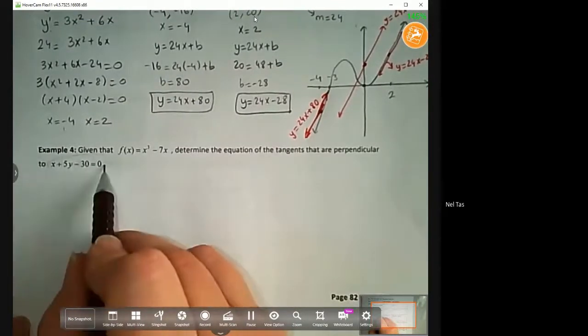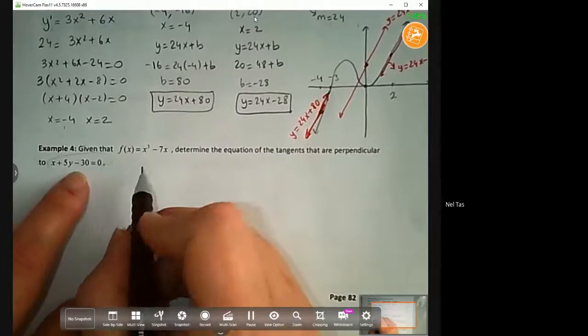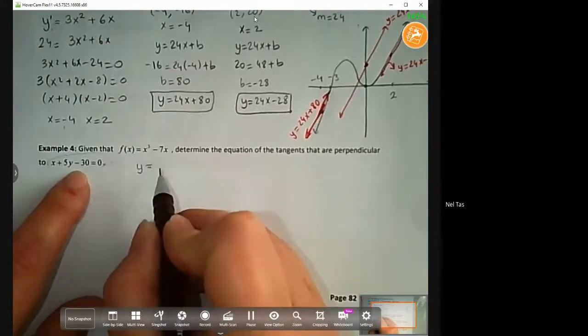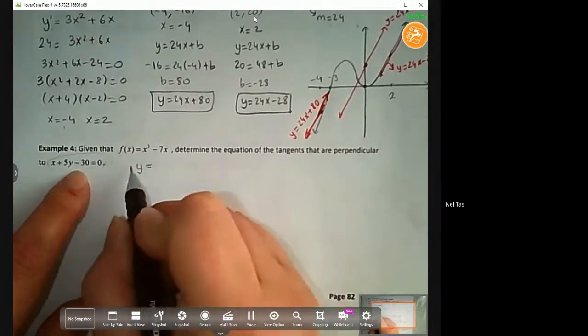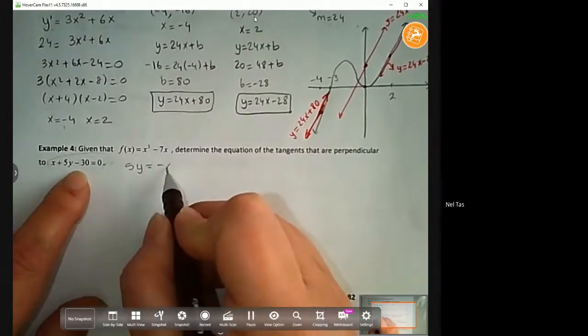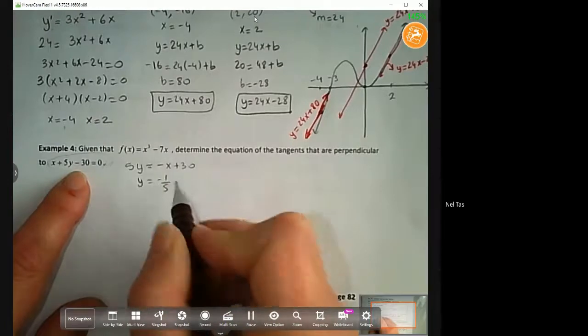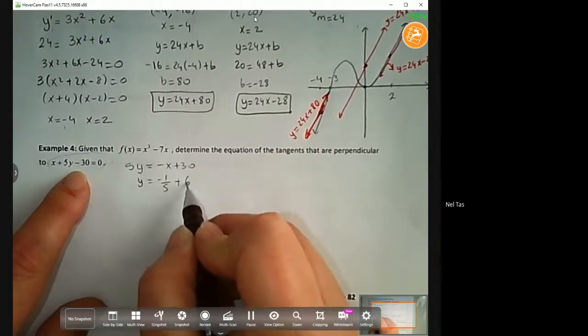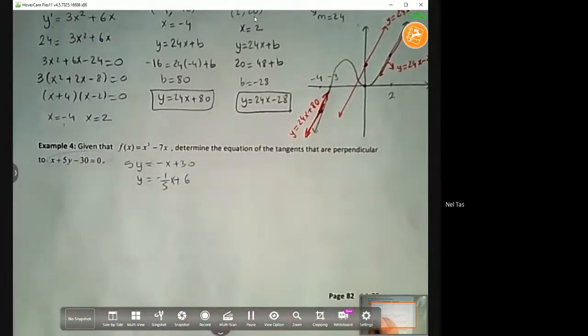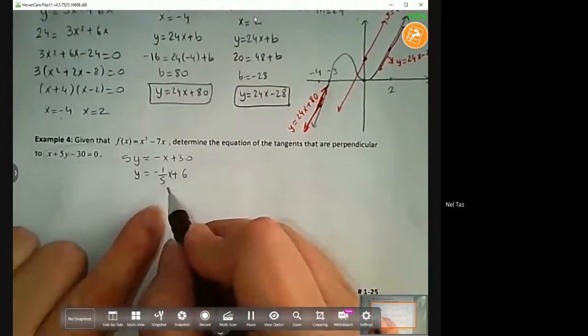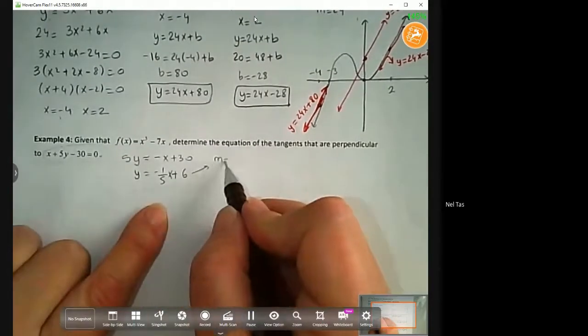We will need that, right? So if you isolate y, you get 5y equals negative x plus 30, and y equals negative 1 over 5x plus 6. So the slope of this line is negative 1 over 5.